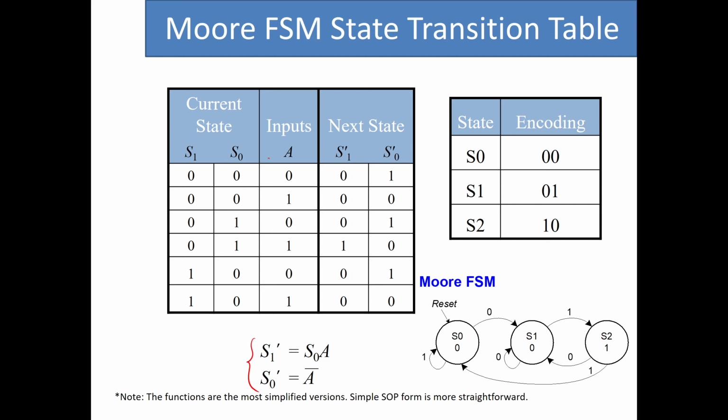But this table only has 6. So that means that 2 of those rows are don't cares, right? So that helps us to simplify the equations even more. So I highly suggest you do it on your own, but the more straightforward way is by doing the sum of product form.